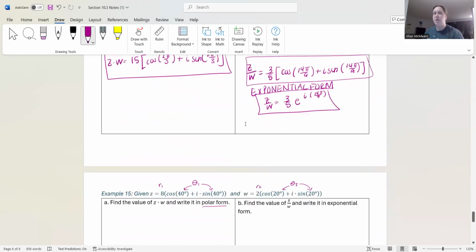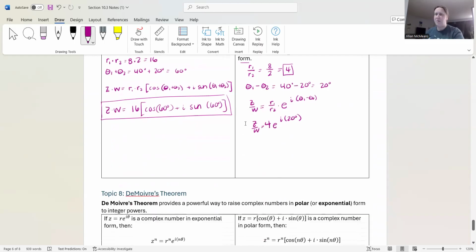We need to convert the 20 degrees to radians, but luckily that's something we did way back in 7.1. So if you have degrees and you want to write it as radians, you would multiply whatever your degrees are by pi over 180. It's just a weird form of one. You can call it a well-chosen one, which is really fancy. I know that 20 degrees divides into itself one time, and it divides into 180 nine times.